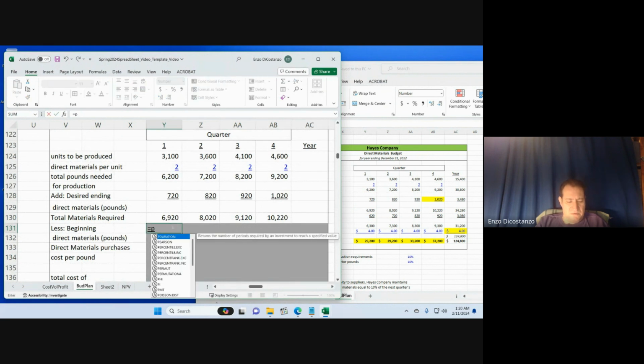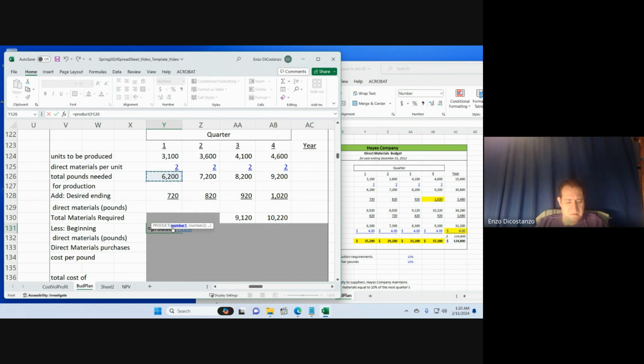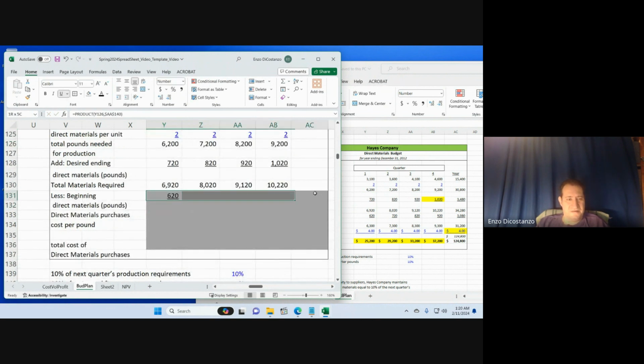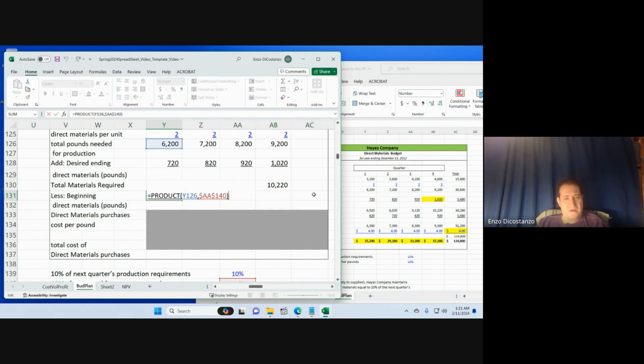So equals product, which is there. Okay, and this is going to go across that row. So you're going to lock that row in, and now you can just go right across, right? So I had the formula here. I said Shift, right arrow, then Control R. Okay, and it gives you what you need to know.